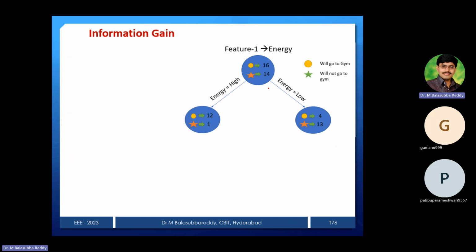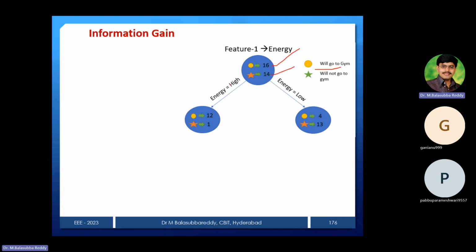In the energy feature, what is given is whether we are going to the gym or not. It mentions that 16 members are going to the gym and 14 are not. If energy is high, they would preferably go to the gym, and if energy is low, they may not. But here impurity is added in the division.